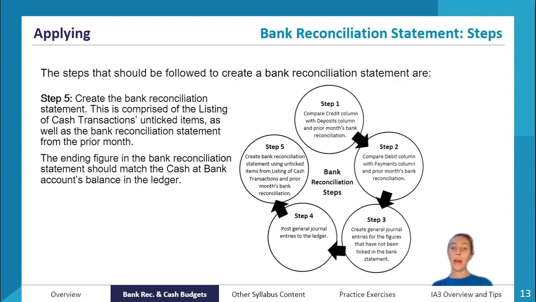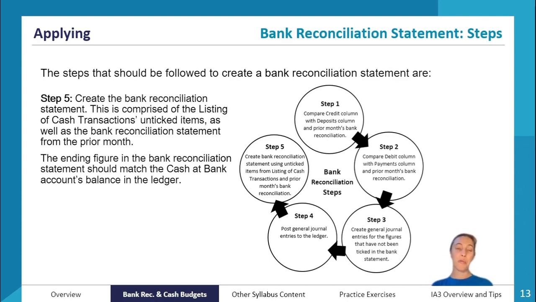A bit like where earlier on in your accounting career, you would have done the process of general journals and then posting to the ledger. A check to make sure that you've done that correctly is to then post those entries from the ledger into your trial balance. The debit and credit columns in that trial balance should equal one another, and that shows that you have done it correctly.